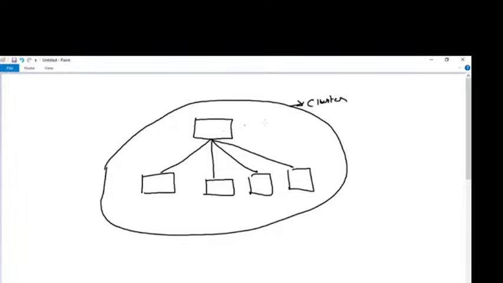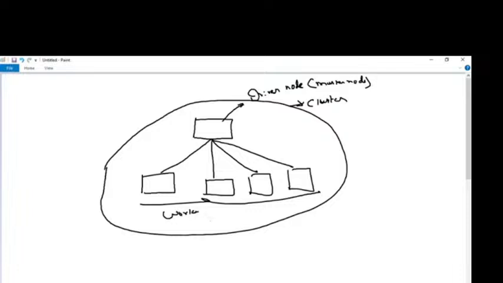So depends upon that. Cluster we say, a group of nodes connected in a network. In that, the one we call the driver node or master node. Node means CPU, system. This all we call worker nodes, or slave nodes.